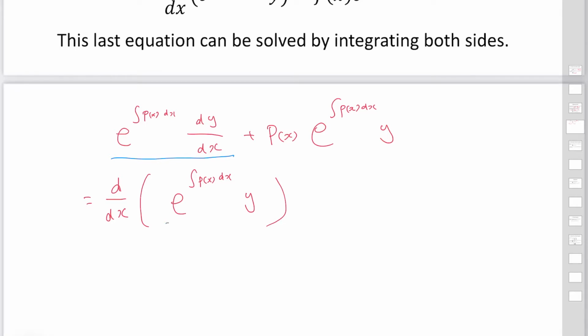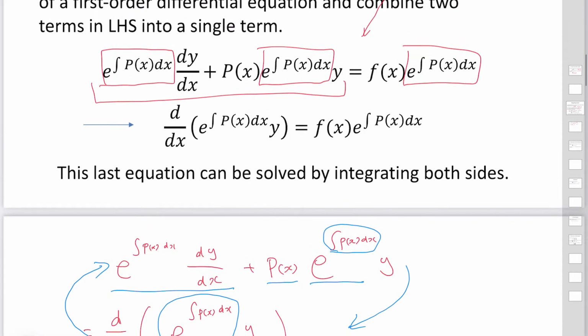If you want to find the derivative of the exponential function, it becomes the exponential function times the derivative of the power index, and the derivative of the power index gives p times y. So we can combine the two terms into a single term.